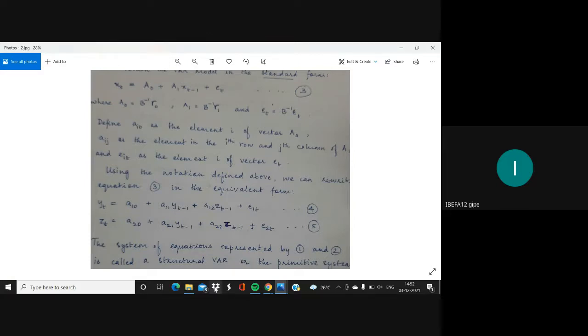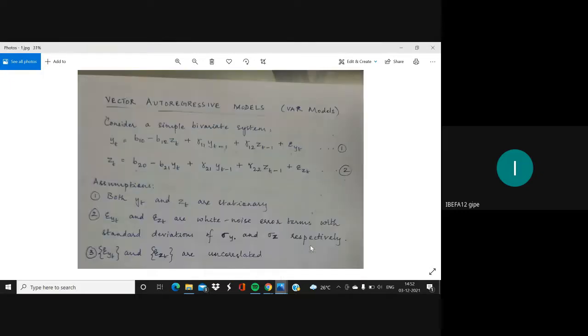Because of that, it is very likely, looking at equation 1 and 2 again, that the errors across equations would have been correlated, or the regressors would have been correlated with the error terms, which is not a good thing to happen in any regression model. We want the error terms to be uncorrelated with the regressors.